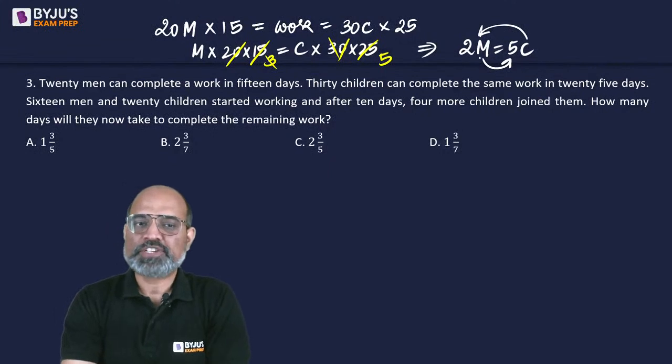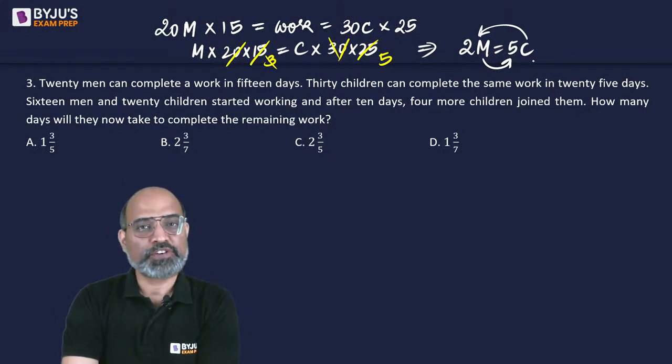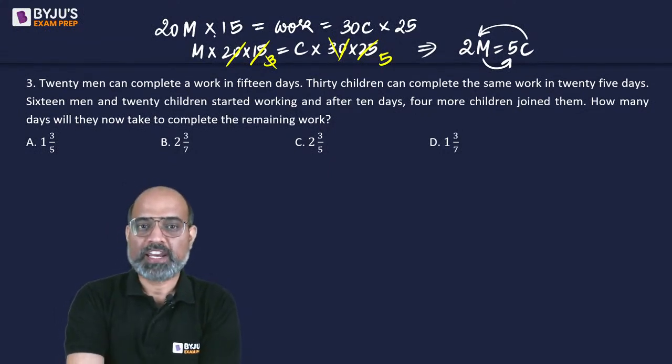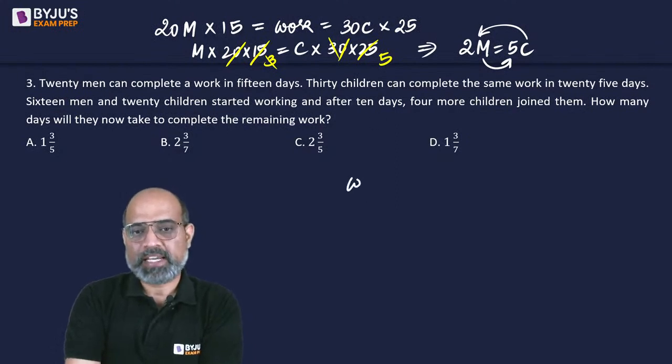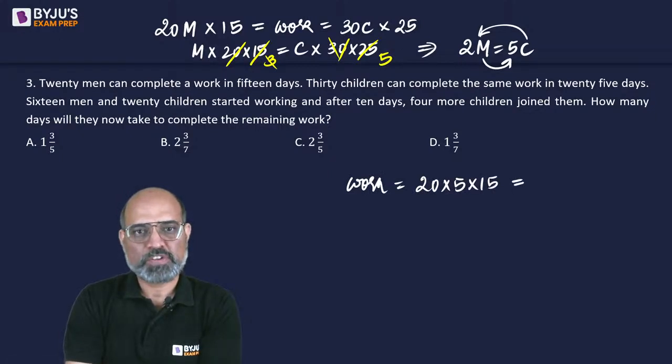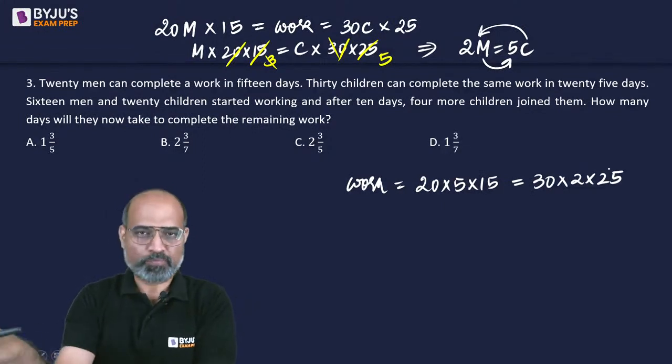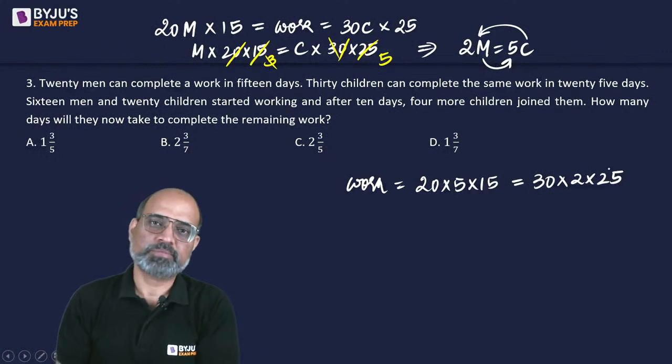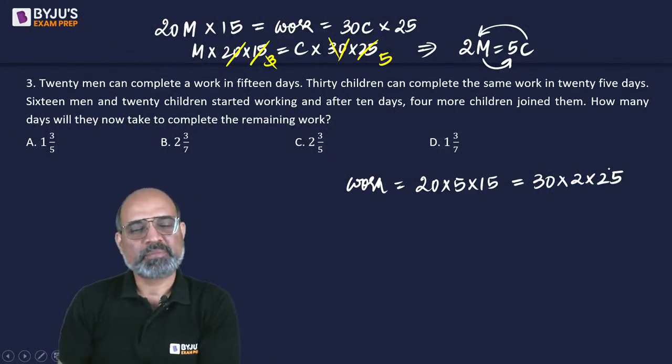So if we take efficiency of man as 5 and efficiency of a child is 2, and if we put it back, we will be getting the work as 20 into efficiency of a man into 15, which will be same as 30 into efficiency of a child into 25. If you try to solve both of these terms, the values, you will find them to be same.